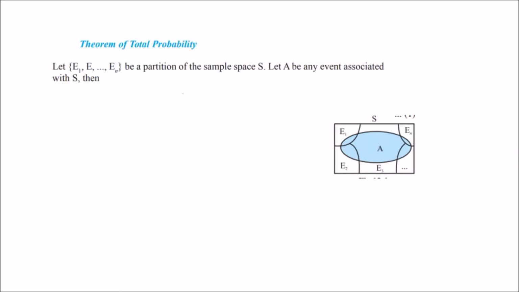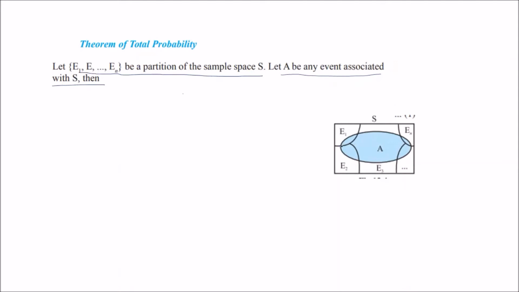Now, the theorem of total probability is applied here. If E1, E2, En are a partition of the sample space S, and A is any event associated with S, then A is associated with each of them.